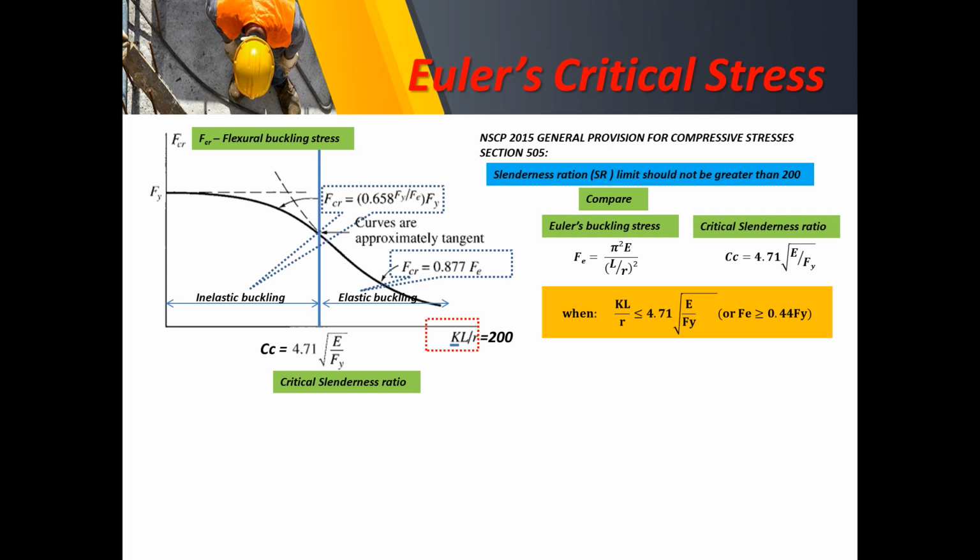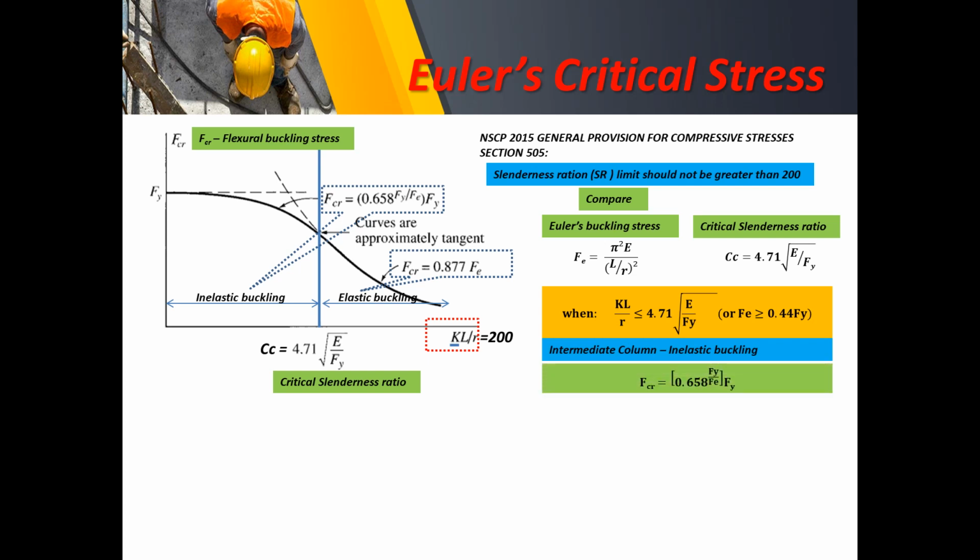Now if our KL all over r is less than or equal to Cc, or simply if your Fe is greater than or equal to 0.44 of Fy, that will be classified as intermediate column, or we have here the inelastic buckling mode. So we're going to use a flexural buckling stress equal to 0.658 raised to Fy all over Fe multiplied by Fy.